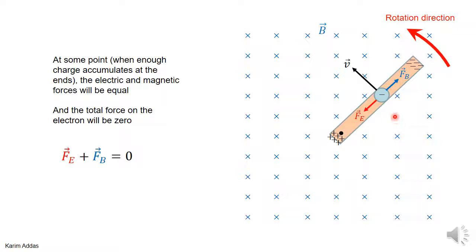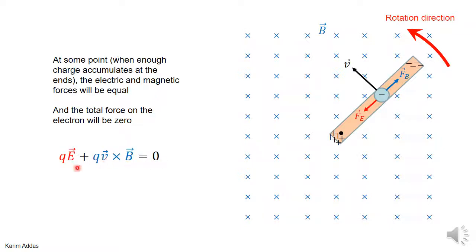At some point, after enough charge has accumulated, the two forces will be equal and no more charge will flow to the end. In this situation, the electric force plus the magnetic force is 0, so the total force is 0.